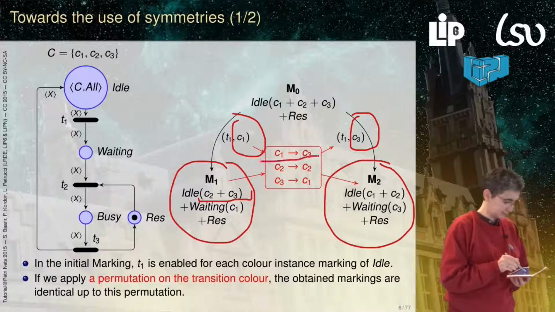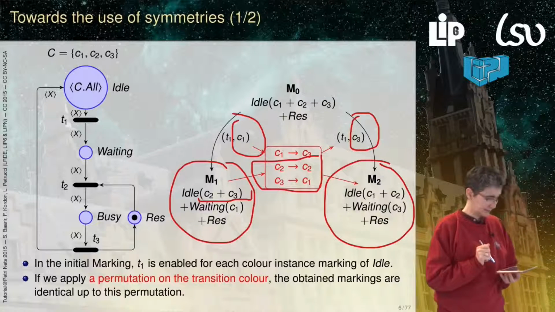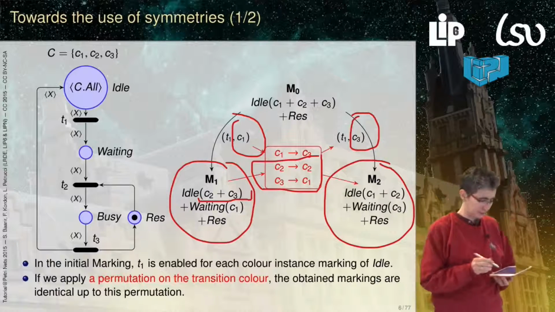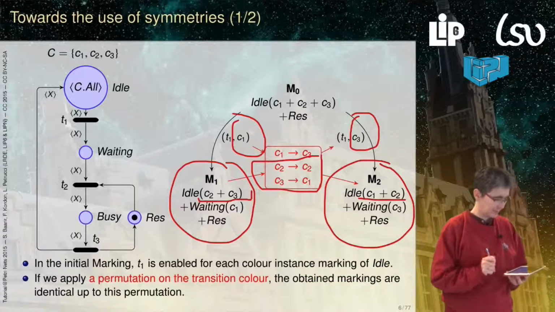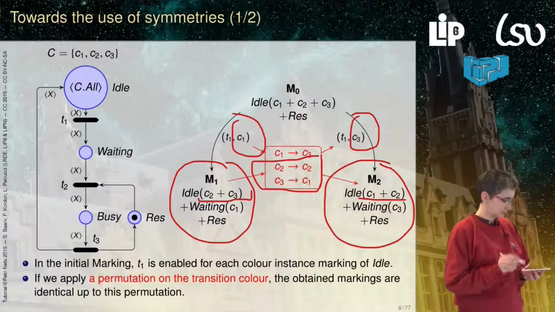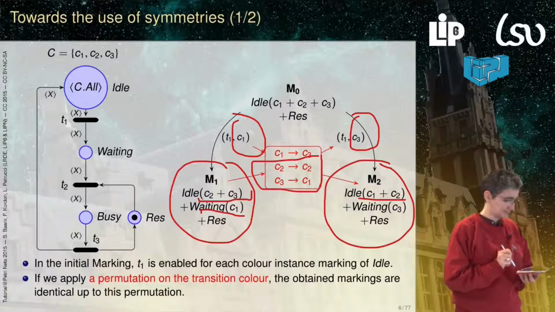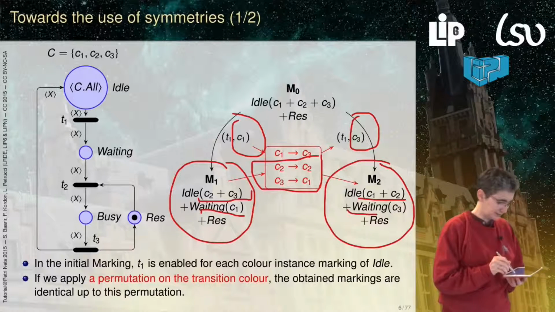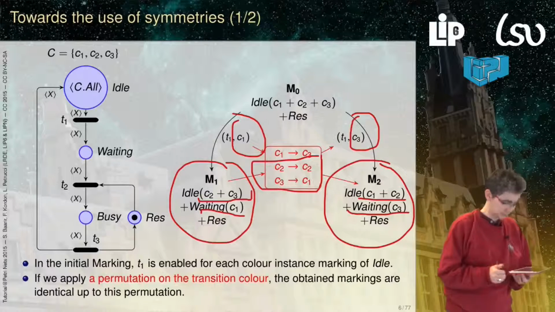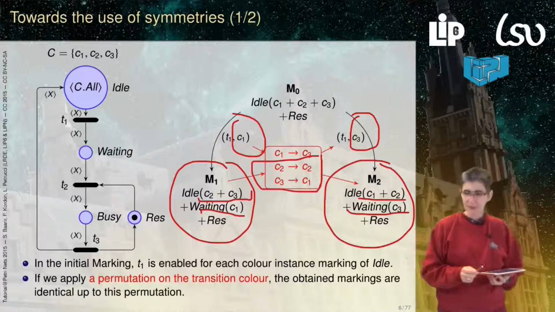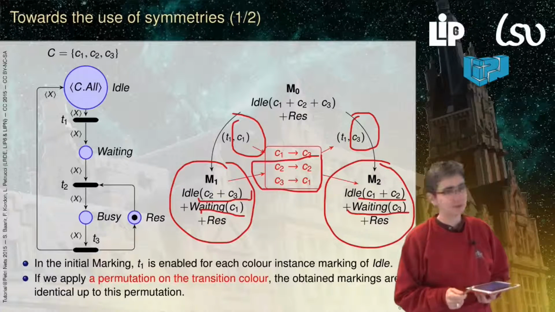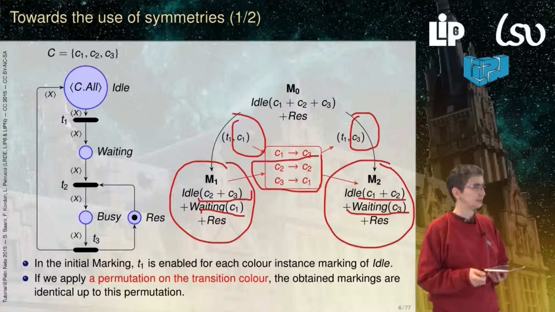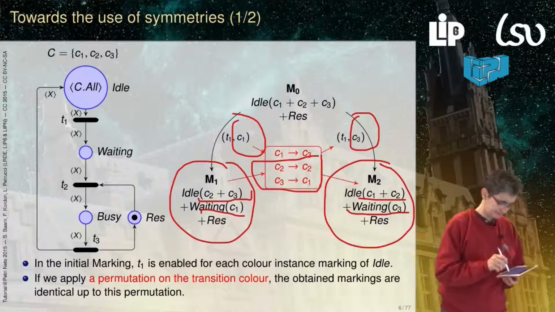You apply this transformation, and idle contains now C1 and C2 as it's here. The same applies to waiting. So waiting here contains C1, and we apply the transformation, it should contain C3, and that is the case here. And res is unchanged. Okay. So we applied a permutation to the transition color, and the markings that are obtained are the same up to this permutation.